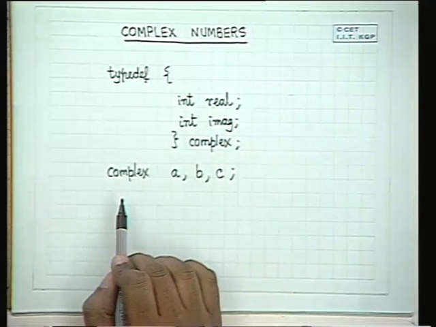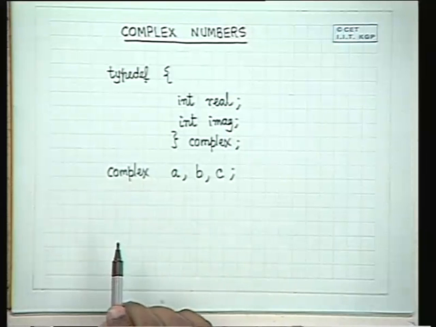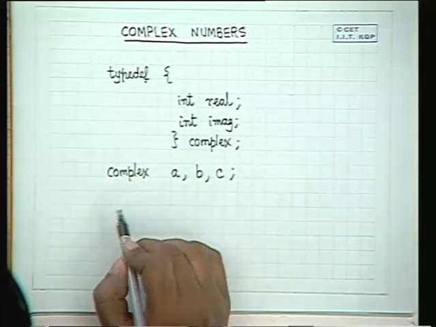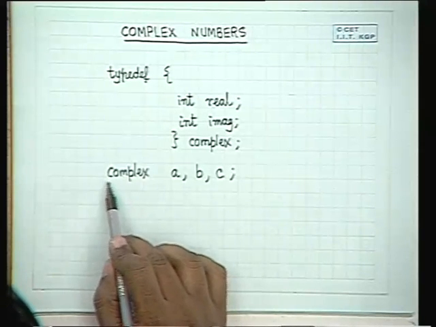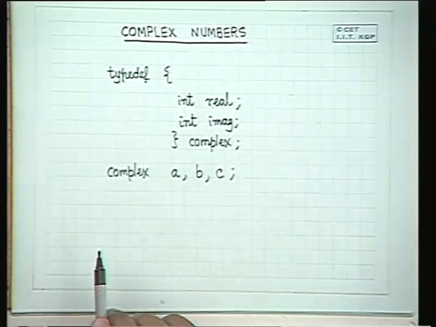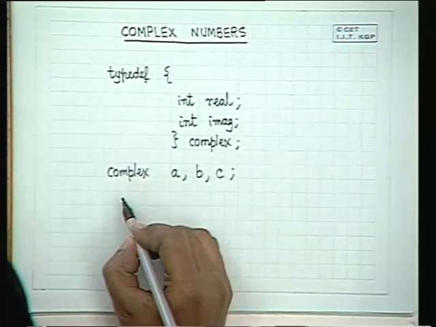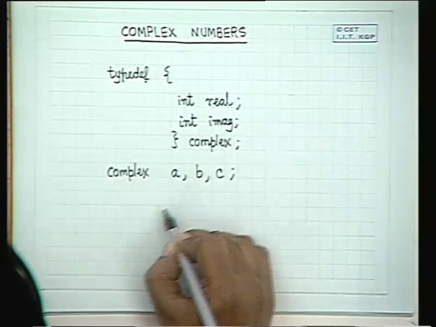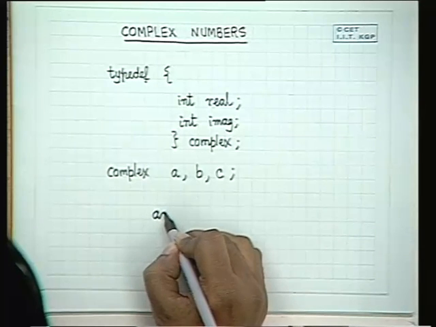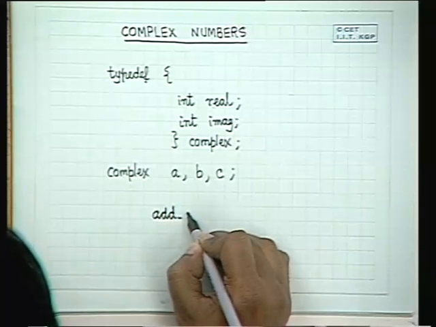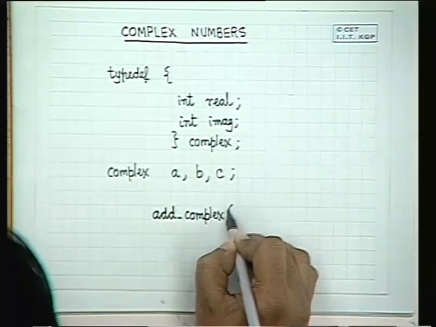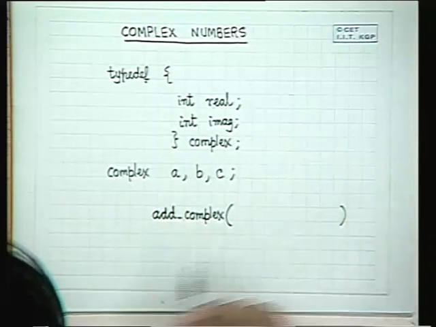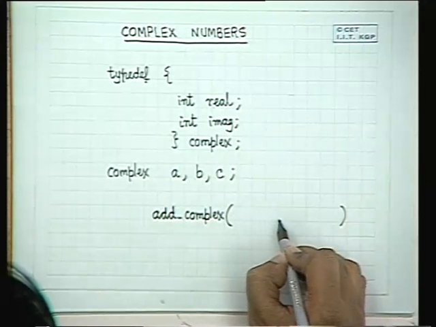Now we have to also additionally define our functions. How will we define the structure of a function which adds complex numbers? Say the function is called add complex. What will be the two arguments?